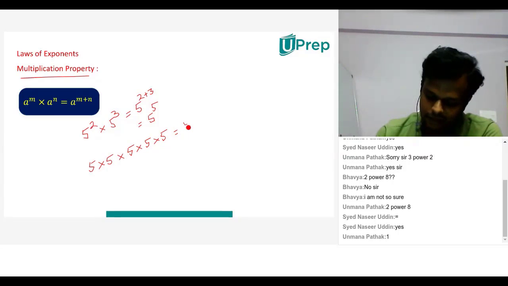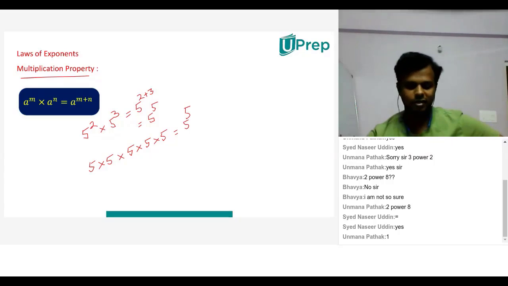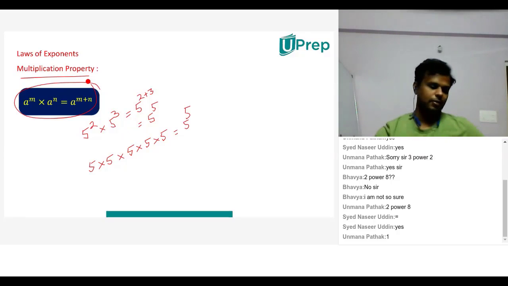Multiplied 5 times. So that is how we get this. To put it in a very, very simple manner for all of you, always remember a power m into a power n is a power m plus n. Please make a note of this formula, children.